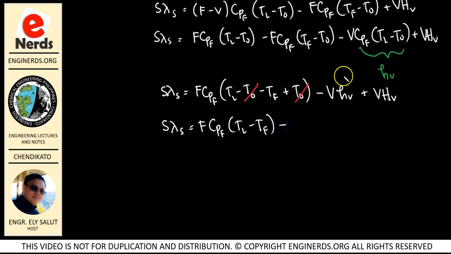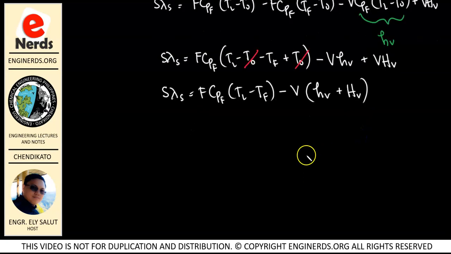And this is minus, we will factor out V, so we will have V times HV plus HV. No? Alright, so I'm going to change this into positive sign so we can have the enthalpy of our vapor in liquid state first.